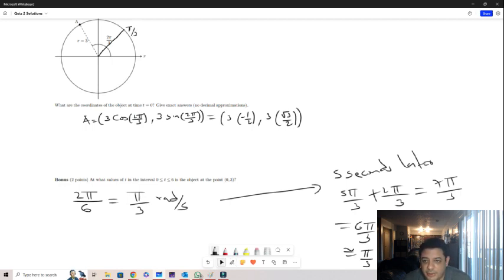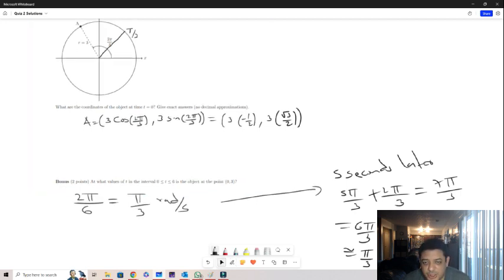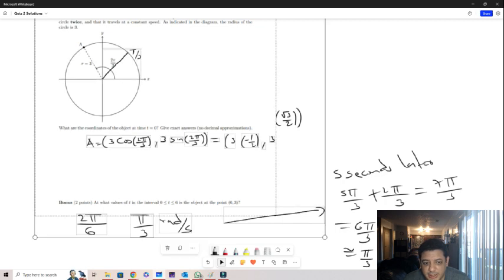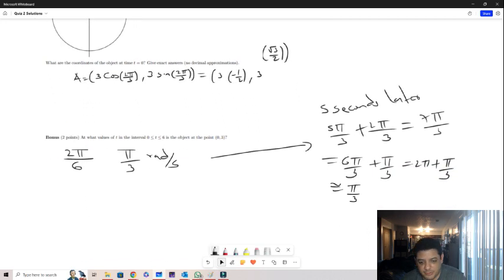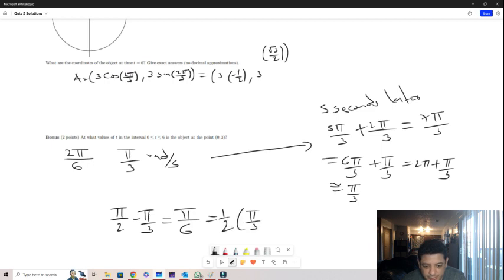So to know how much time it will take to get from pi over 3 to pi half, I can do pi half minus pi over 3, and so this is pi over 6. But pi over 6 is what in terms of pi over 3? It's one half of pi over 3.